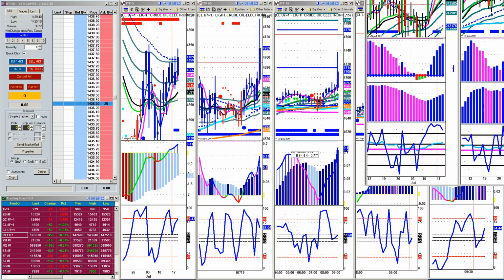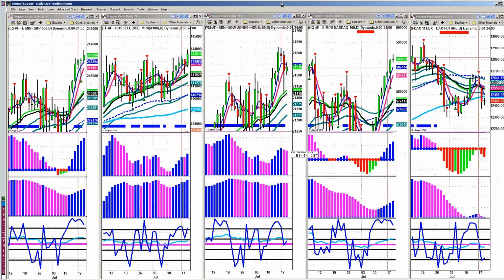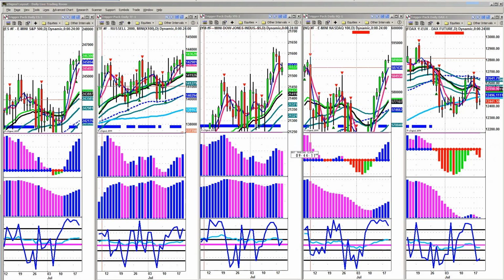And as we give you an update from where we were earlier, we're more or less a doji star on the Nasdaq, so it's pulled back even more. DAX gave back what little gains it had, gave back underneath that resistance. The Dow is still right at the speed lines that I warned you about earlier this morning. And the S&P has taken away some of those gains that it had earlier, have now come back.